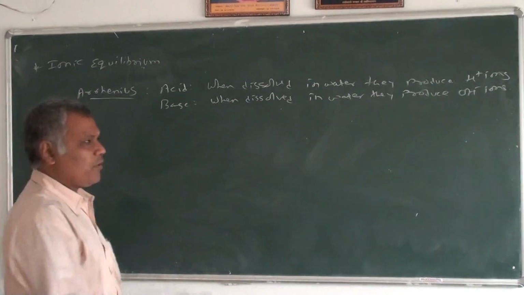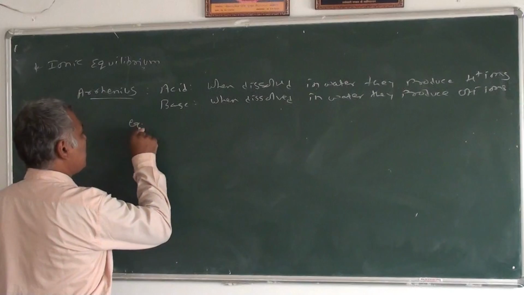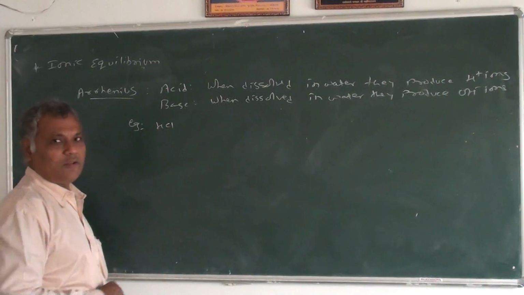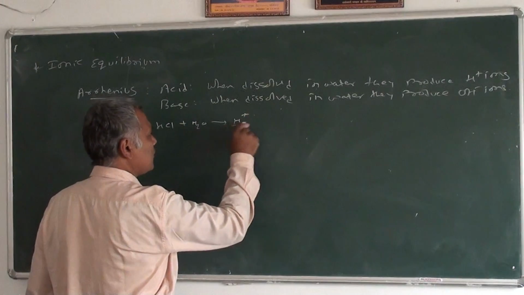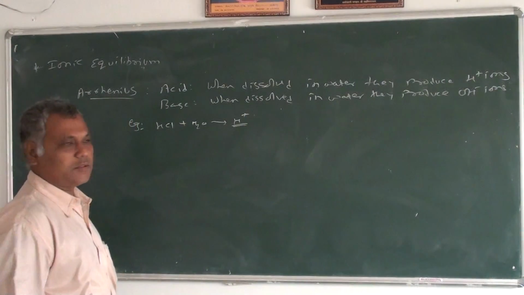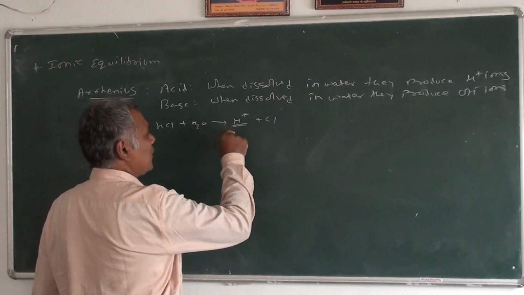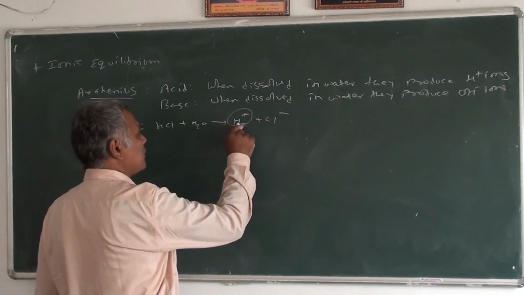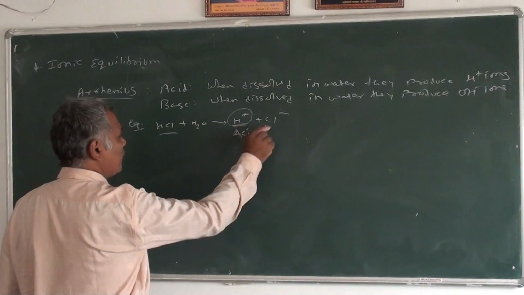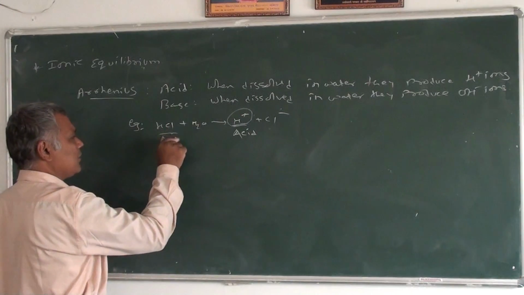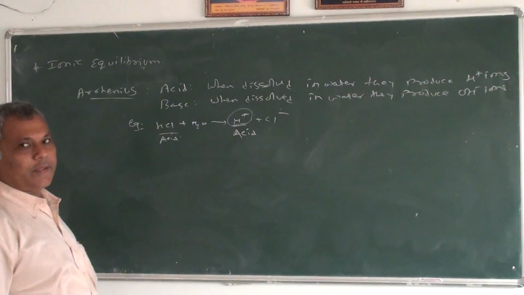That means, as an example, if we take HCl, when it dissolves in the water, it produces H plus and Cl minus. It produces H plus, so HCl is an acid.